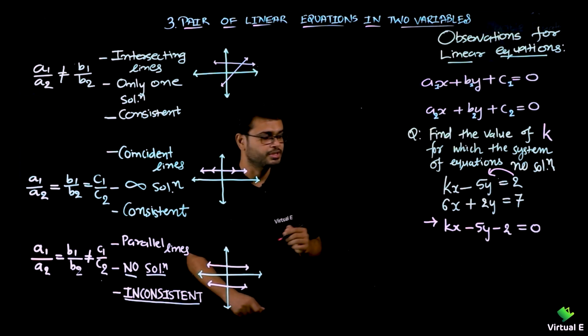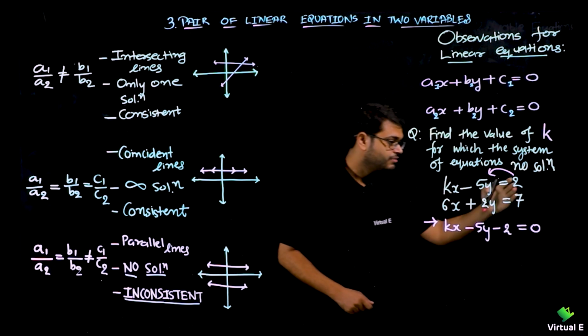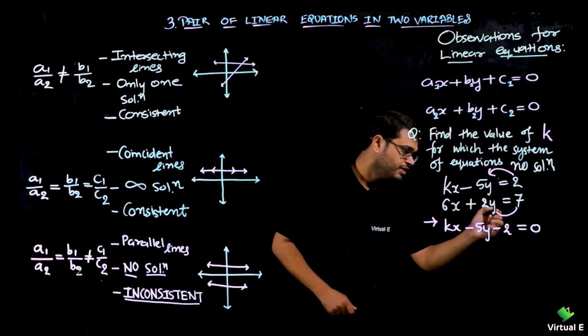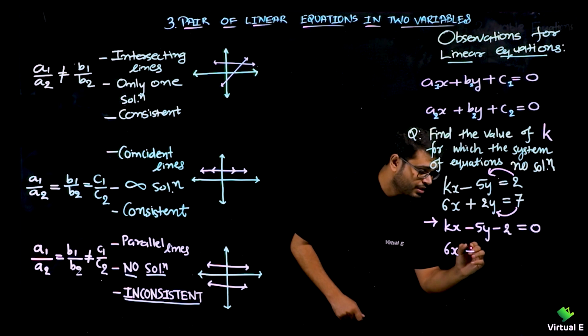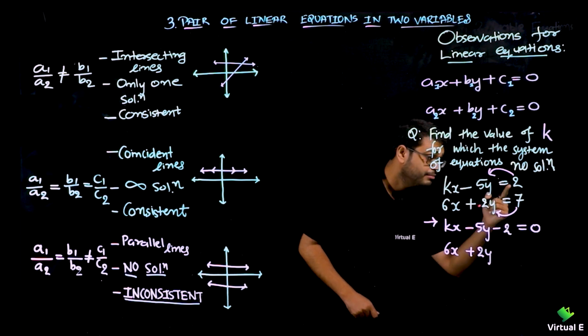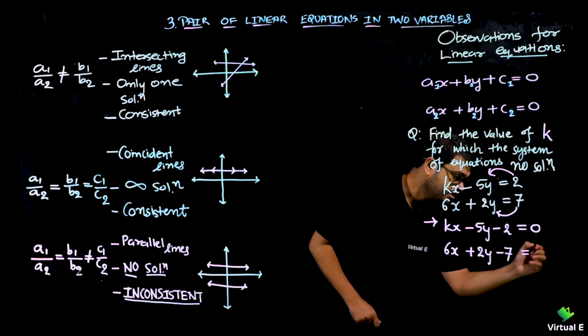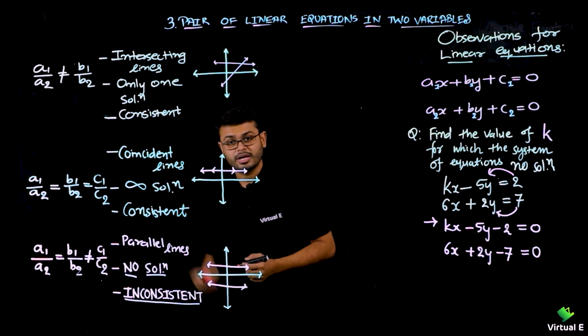My first equation. Second equation, 6x plus 2y is equal to 7. I want RHS 0. I will be shifting over this side. So 6x plus 2y, this 7 will become minus 7 is equal to 0. Now I can apply this formula.